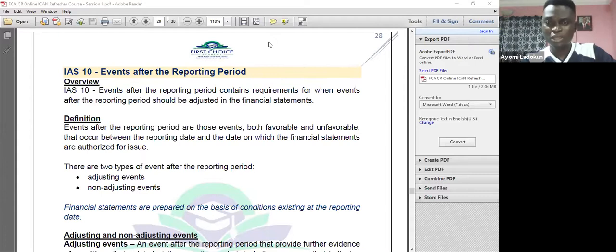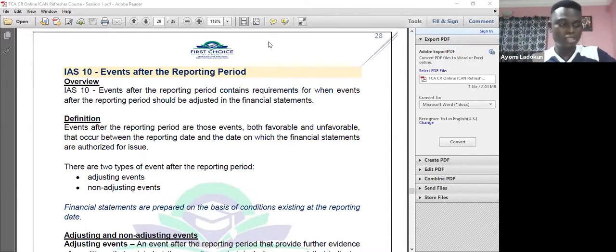From there, we took a look at IFRS 5, assets held for sale, and discontinued operations. We gave some criteria before an asset can be classified as held for sale. On the measurement criteria, we said assets held for sale are measured at the lower of their carrying amount and fair value less cost to sell.